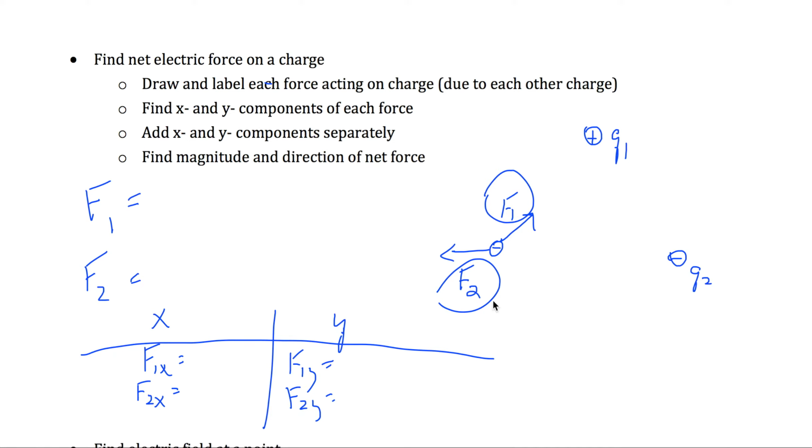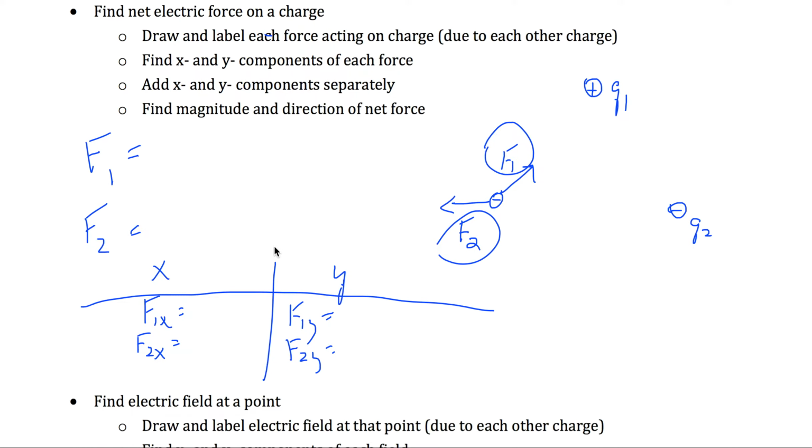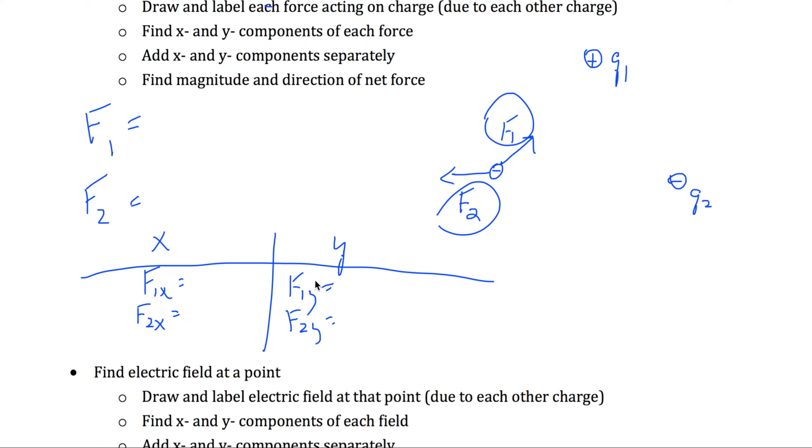So I'll let you review that, but just fill out everything and then add x and y components separately. So it's talking about once you find numbers for these, you would add them. This would give you the total force in the x direction. You would add all these. That would give you the total force in the y direction.